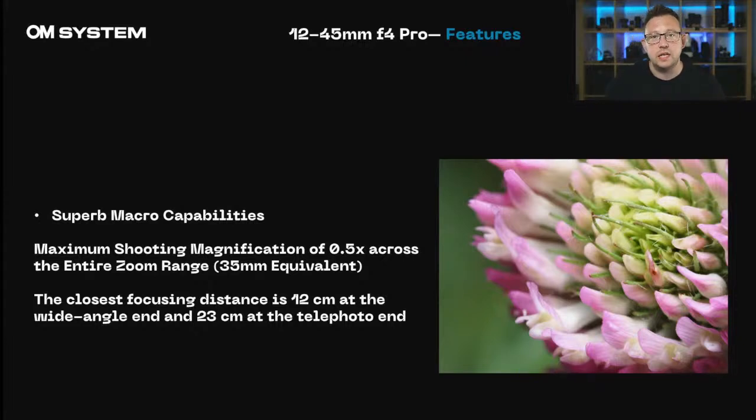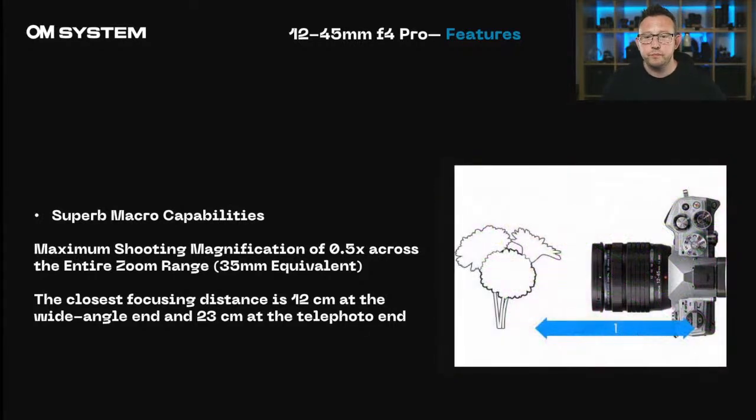But if any of you have seen my previous Tech Tuesday talking about the 60 millimeter and the 30 millimeter macro, you'll remember that those distances are from the sensor plane in the camera, not from the front element of the lens. Because you think, well, hang on a minute, 12 centimeters, David, that's quite far away from the end of the lens, really, if you want to talk about close-up. 23 centimeters is almost a foot. That's actually from the central part of your camera body, which is where the sensor plane lies.